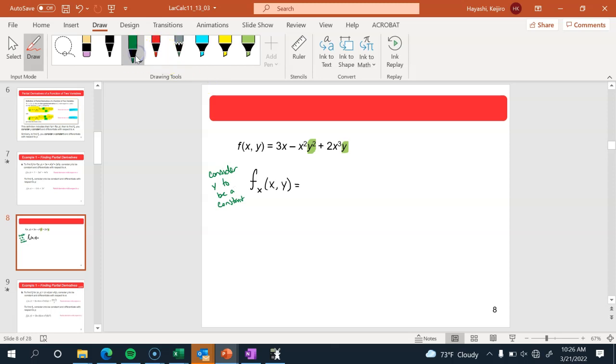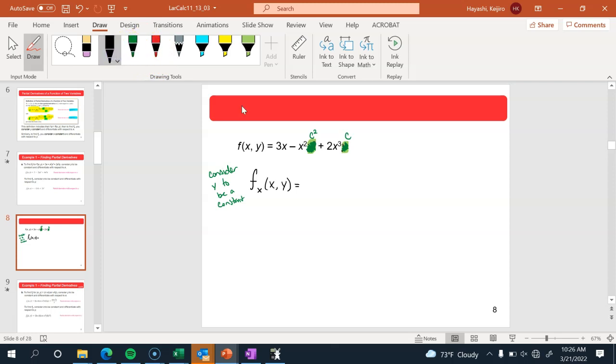If you want, you can explicitly say, I'm just going to call that c squared and I'm just going to call it c, if that makes it easier to envision. You don't have to do this, but it's an option. Or you can use k or a or b, if it's not easy for you to think of the letter y as being a constant.